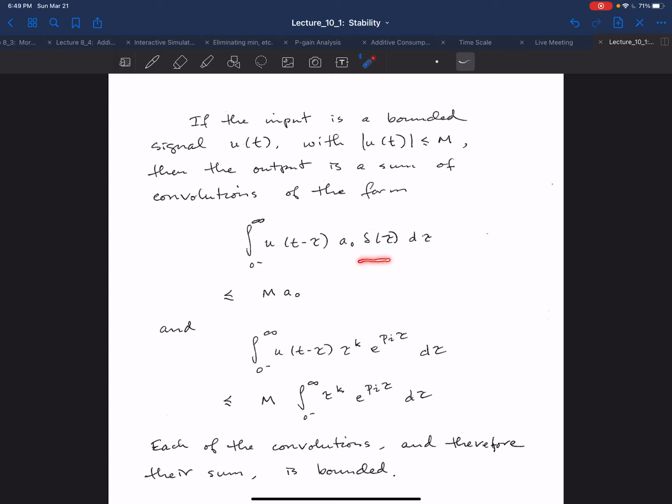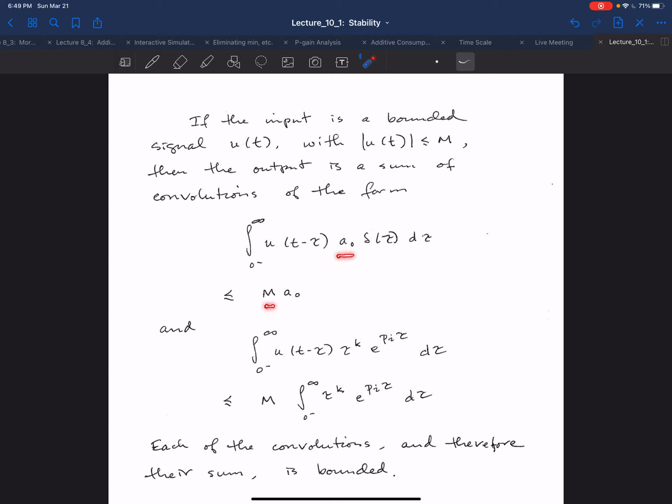Well, we know by the sifting property that the integral of u of t minus tau times delta tau will just give us u of t. And we're assuming here that the input signal u of t is bounded. So its absolute value is bounded by m. So u of t is less than or equal to m.